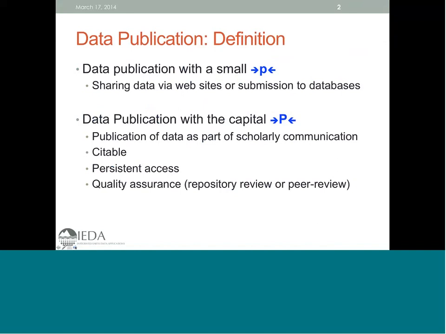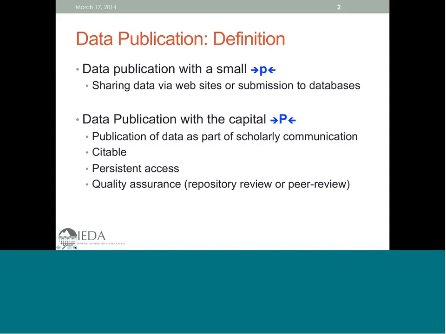So I wanted to start off with basically giving you a definition of data publication and the reason why we distinguished data publication with a capital P here. Making data sets available to others and sharing data is something that we're used to, and many people have put up data sets on their website or submitted them to data compilations, databases, and so on.